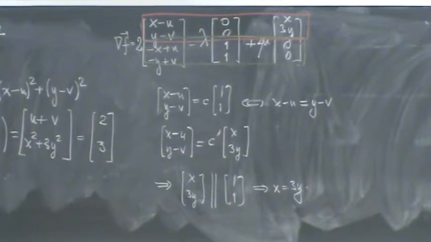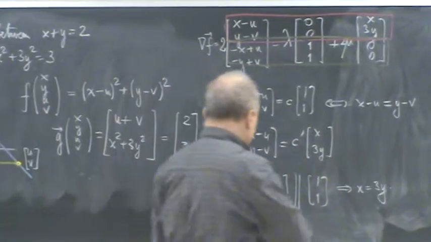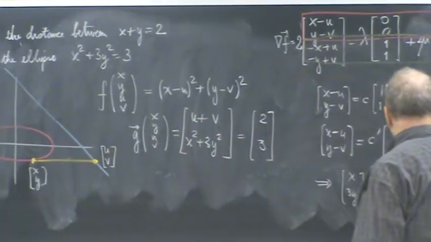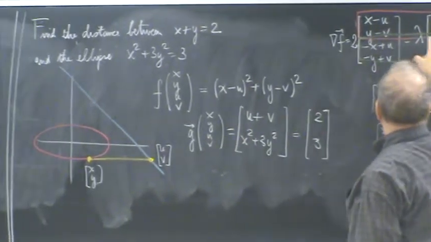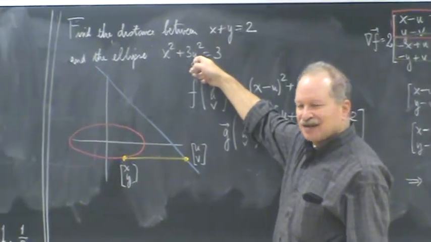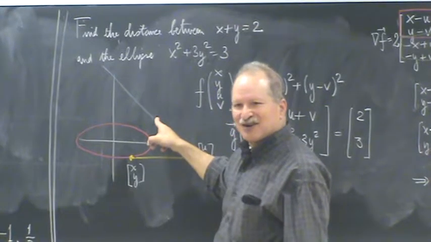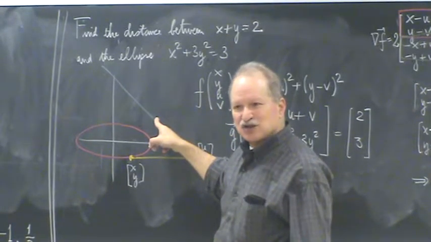So do you see what that's doing geometrically? That is actually saying that the gradient vector for the ellipse, which is the normal vector, has to be parallel to the gradient vector for the line, which is 1, 1.